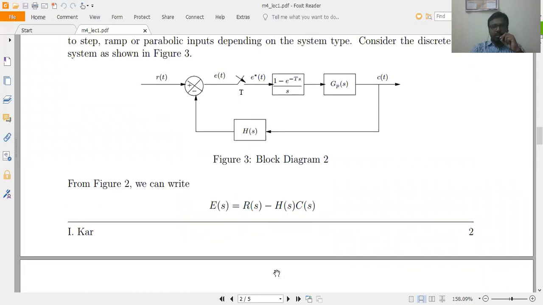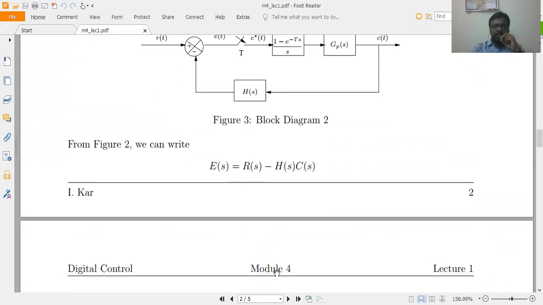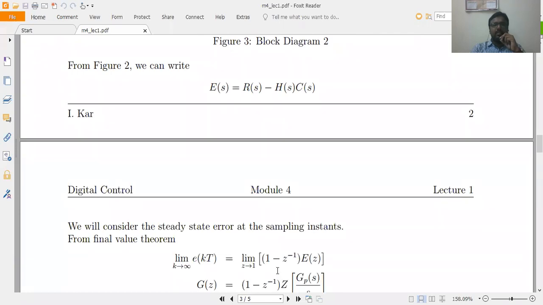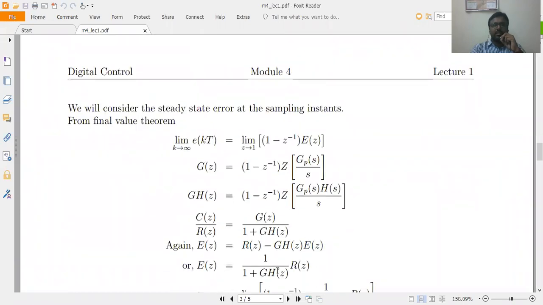But in order to develop an expression for the steady state error, we have to consider the final value theorem. In order to develop an expression for the steady state error with consideration of all sampling instants, that means the sampling period capital T, we have to take into account the final value theorem.